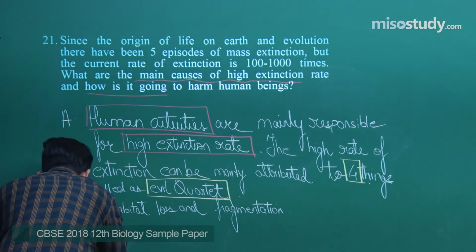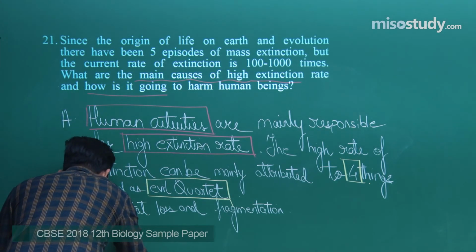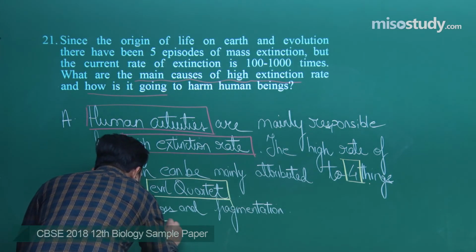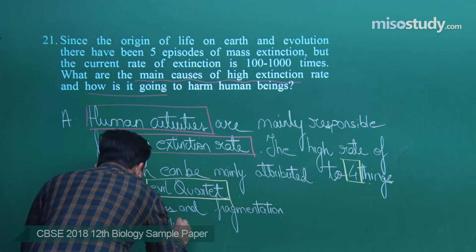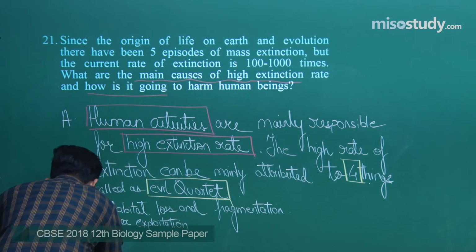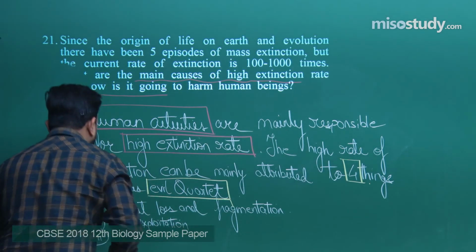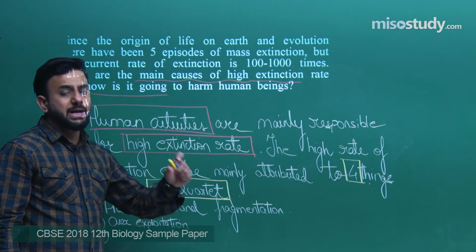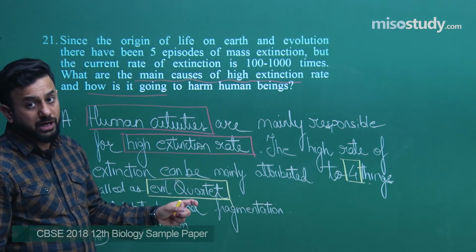The second one is overexploitation. The third one will be what? Alien species domination or alien species introduction.